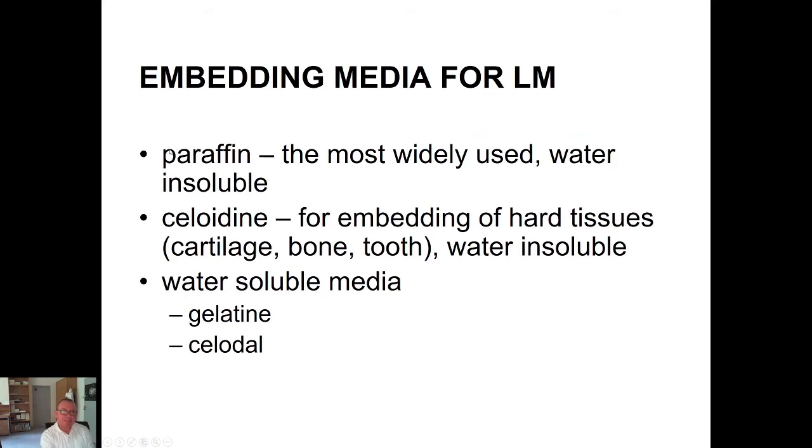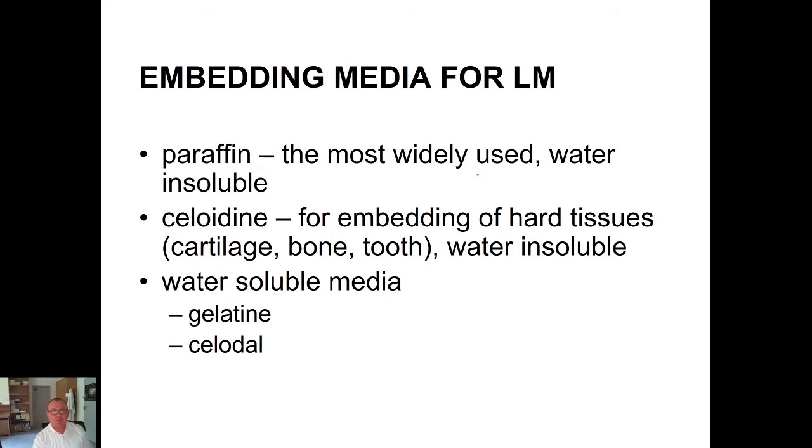As I already said, the most important embedding medium for light microscopy is paraffin. Paraffin is a wax, you know, as a material for candles, for example. So paraffin is a widely used material.